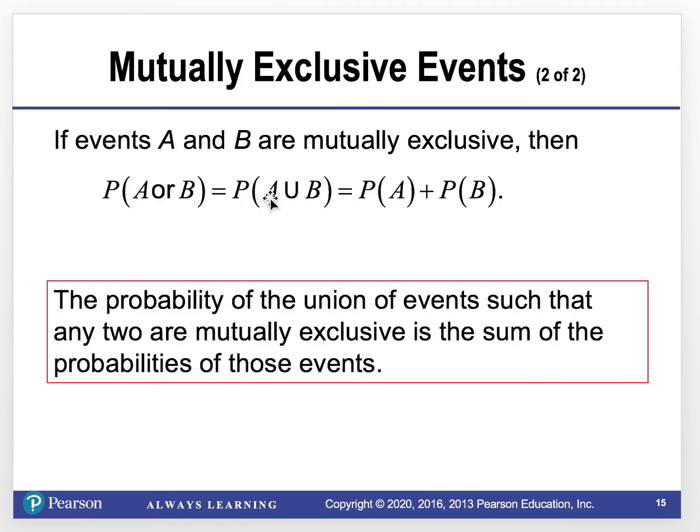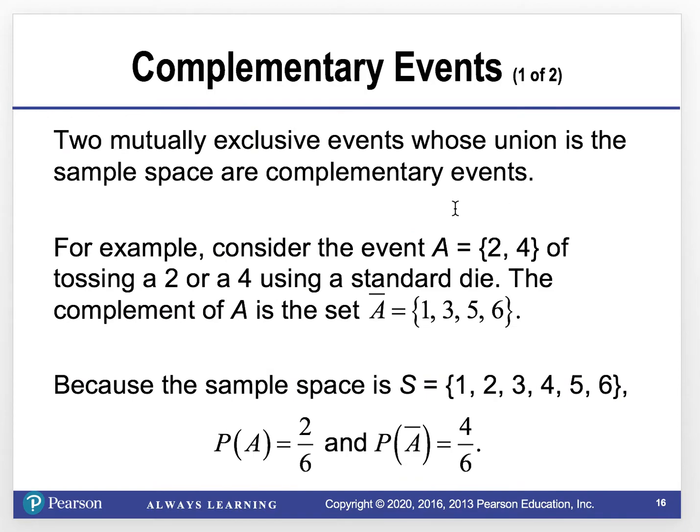But to use this one, you have to realize that your events are mutually exclusive. So what this is saying is, if your events are mutually exclusive, like that problem we just had with drawing an ace or a queen, you just add the 2 probabilities: 4 out of 52 plus 4 out of 52. Now that's going to be different if your events are not mutually exclusive. So if I use this formula, I have to remember that caveat.